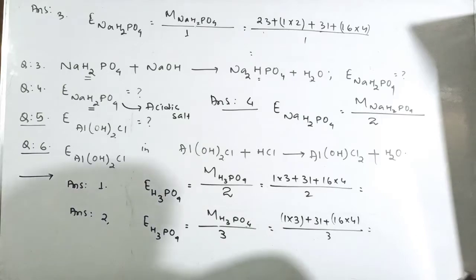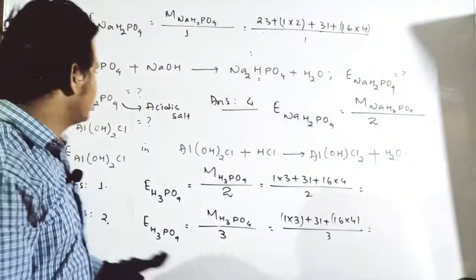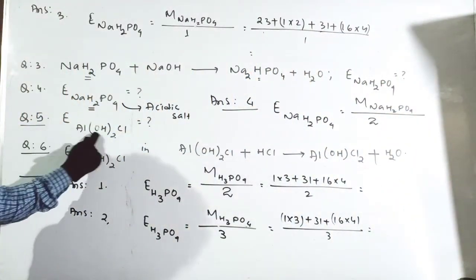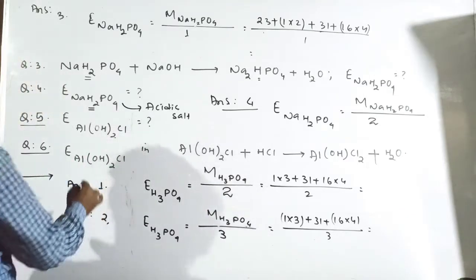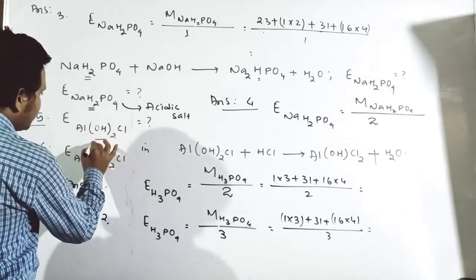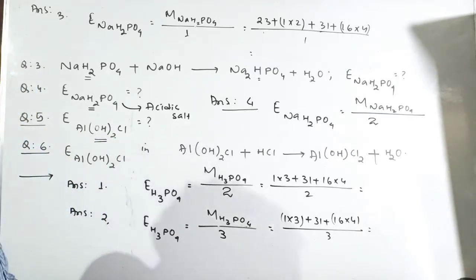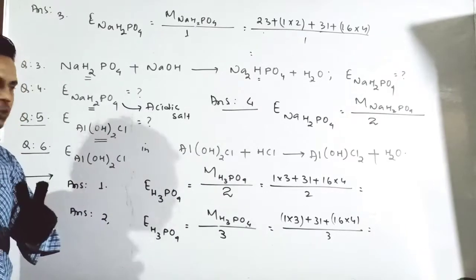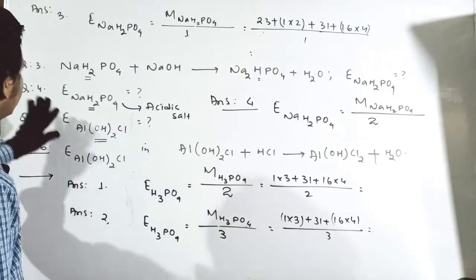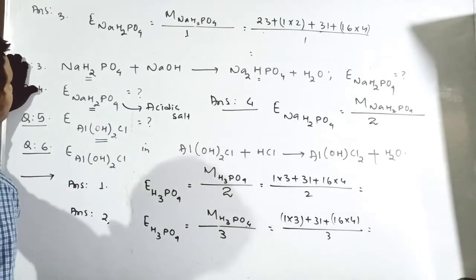Now next, question number 5. Let us see the equivalent mass of this. So only this is given, nothing else. See, what is this? It has replaceable OH groups. So it is a basic salt. How many OH groups are there? 2. So write the answer. Question number 5.